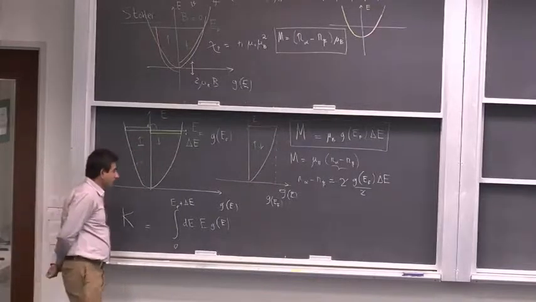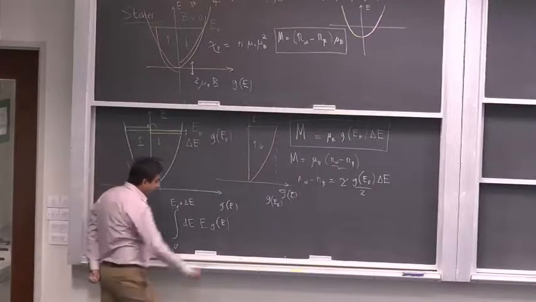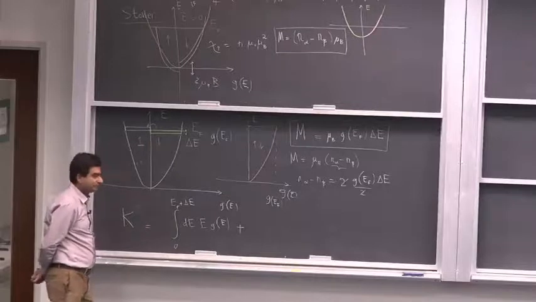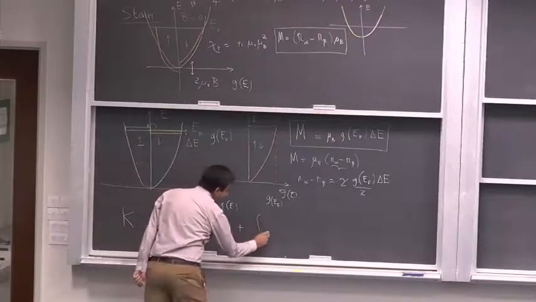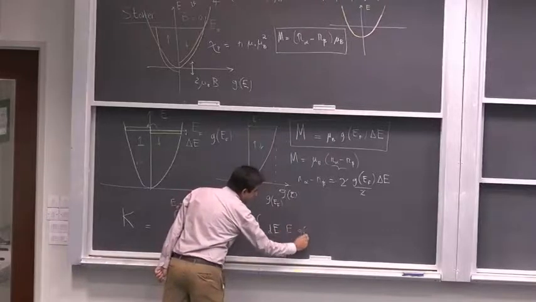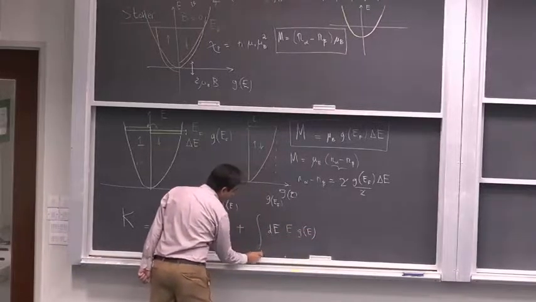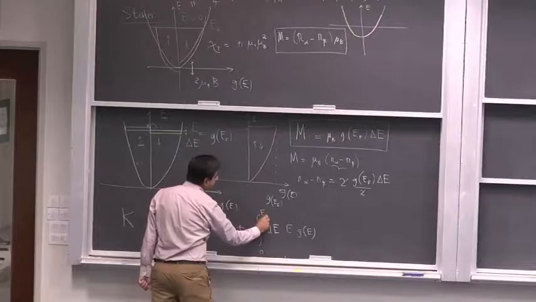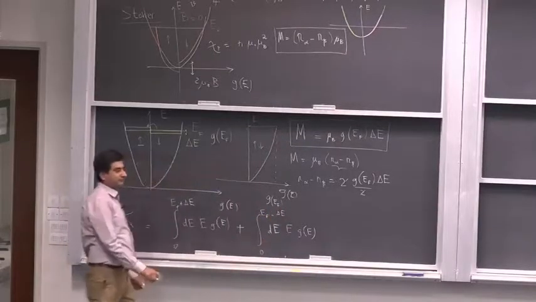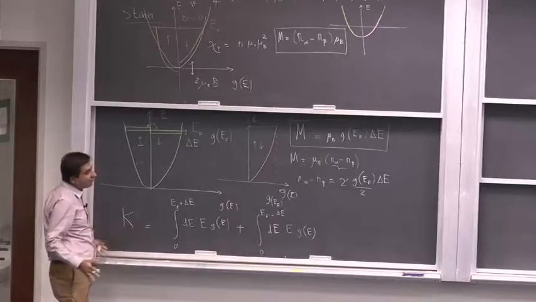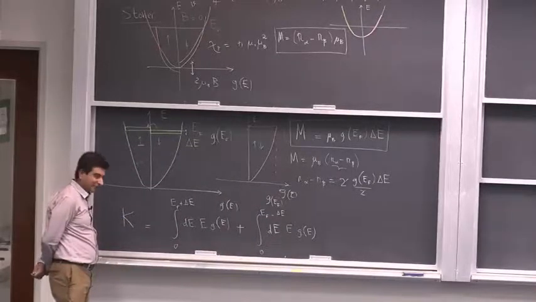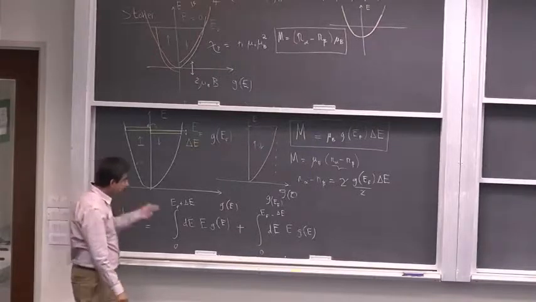Alright? Plus, now we would like to find the kinetic energy for this spin subband. This is going to be equal to the integral dE E G(E) from 0 to EF minus delta E. So this is now the overall kinetic energy of the system. Alright, so let's try to find this out a little bit.